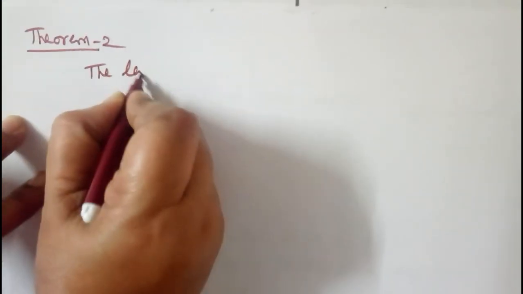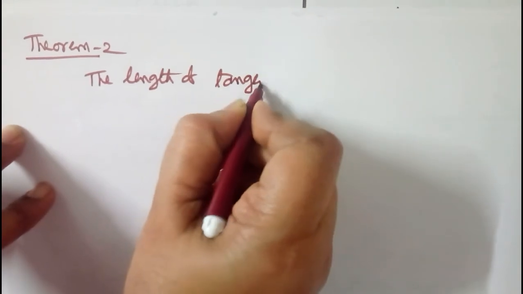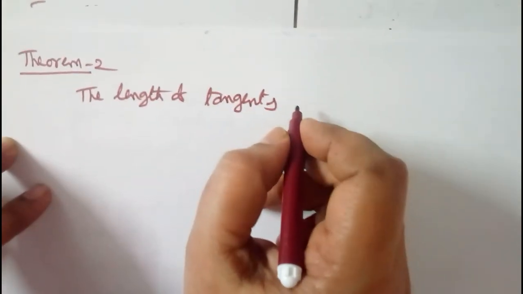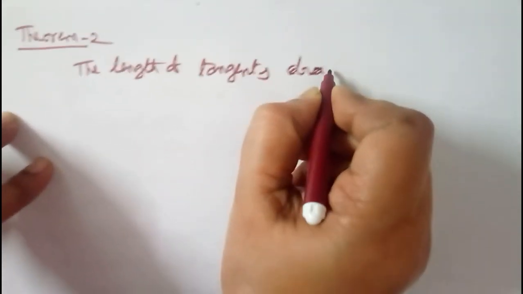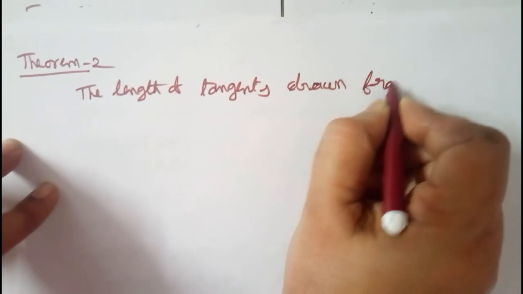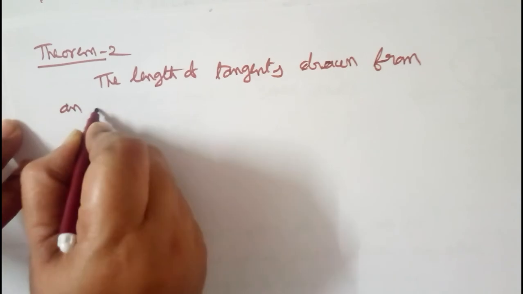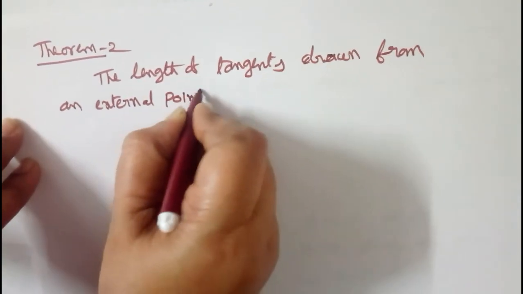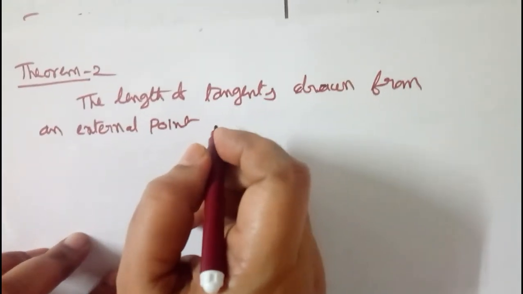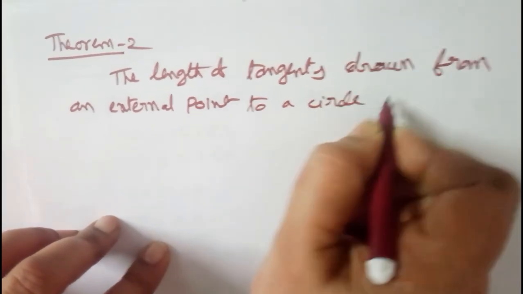The lengths of tangents drawn from an external point to a circle are equal.